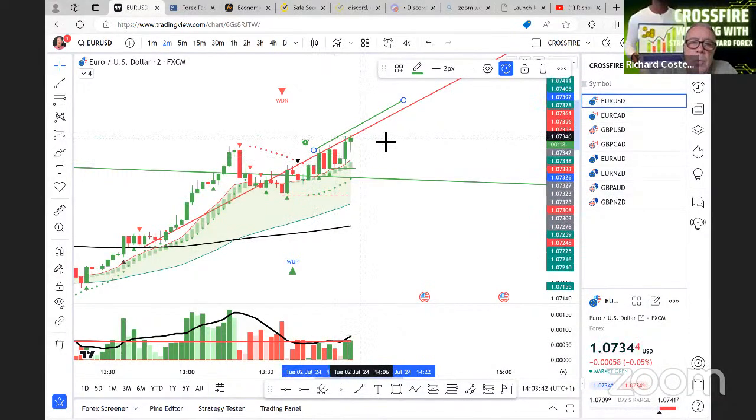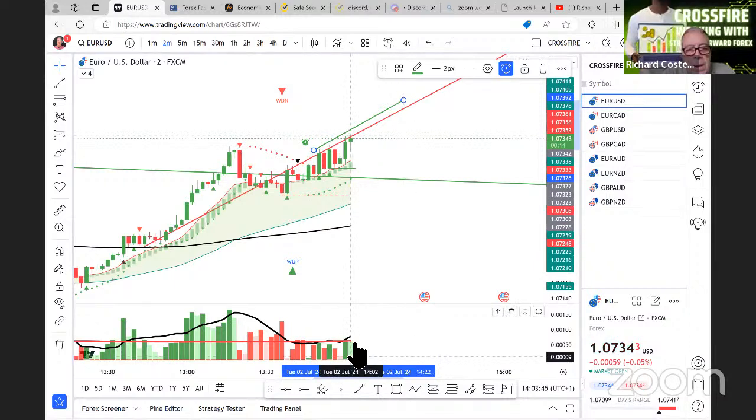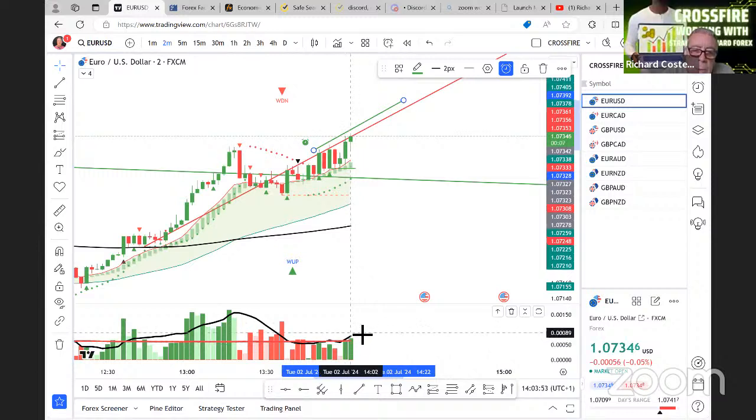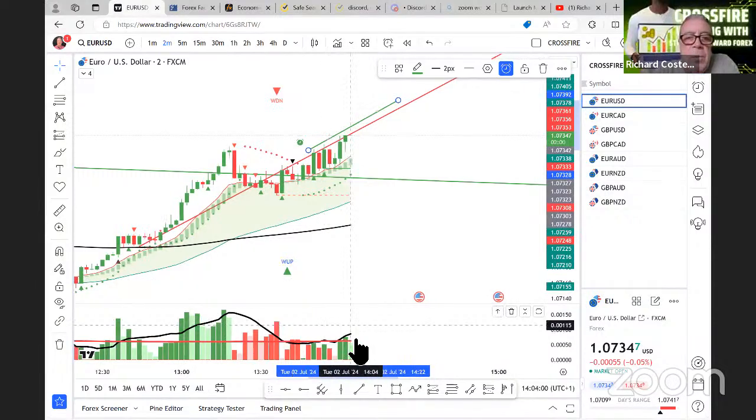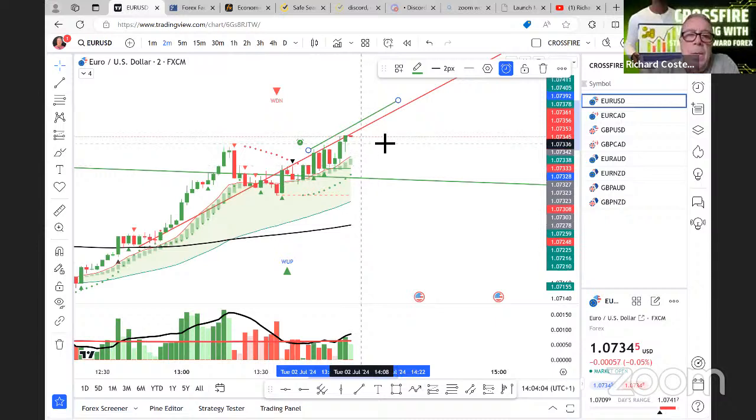It needs to break through. And the Waddah Attar is not quite there yet. It's shaping up. We've got the black line pointing away from the red line, but we don't have the histogram above the black line. So there's not sufficient volume to push price up beyond that red trend line.